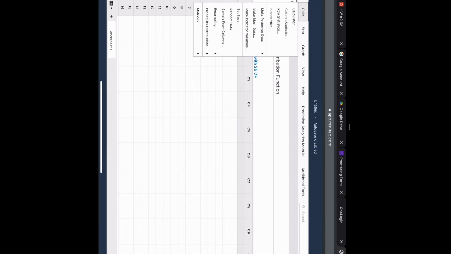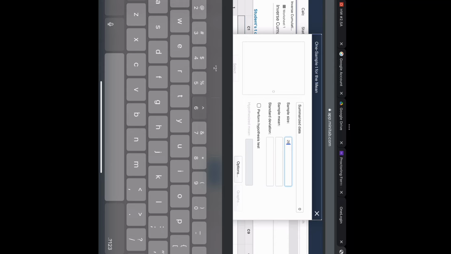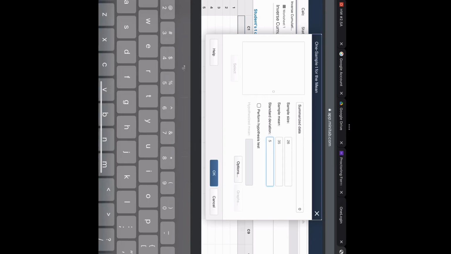I think it is under one sample T. All right, so summarize data. Sample size was 26, sample mean was 35, sample standard deviation was 5. We're not asking to perform a hypothesis test yet. That's the next chapter. Options.